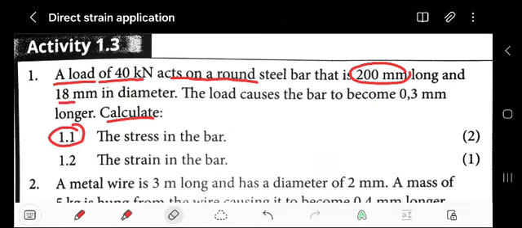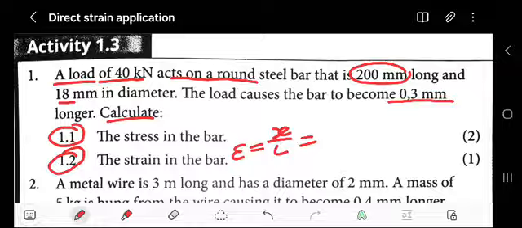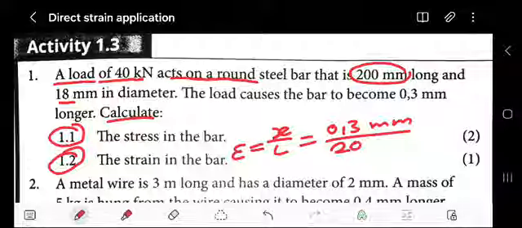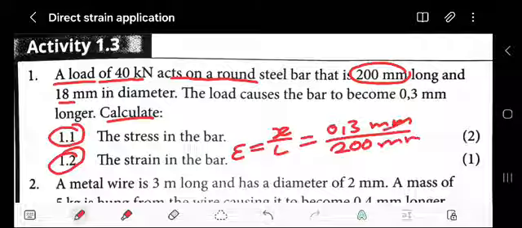Then 1.2, the strain in the bar. The strain is simply equal to the change in length over the original length. Take it as it is, because it's millimeters over millimeters. I want to show you the SI units are the same, so they cancel, and this is nice.